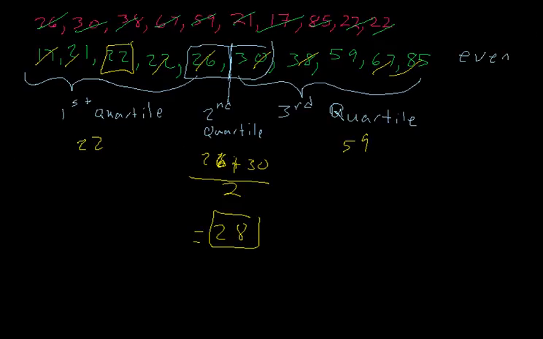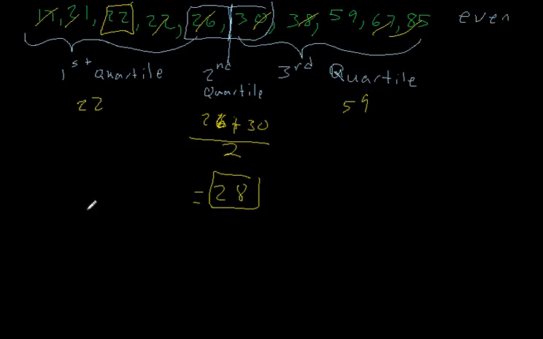Cool. And now let's go ahead and create a box and whisker plot based off this. The first thing we need to do is create a number line here. And I'm going to put 5 values down. The first thing I want to do is locate the minimum and maximum numbers.